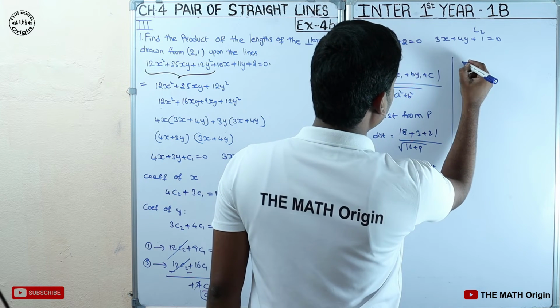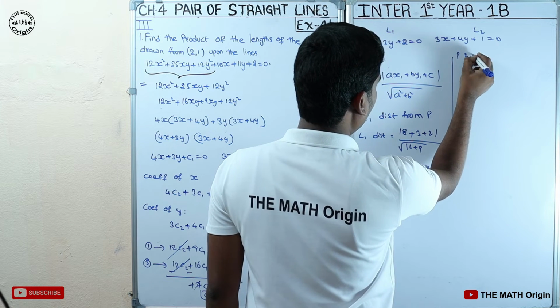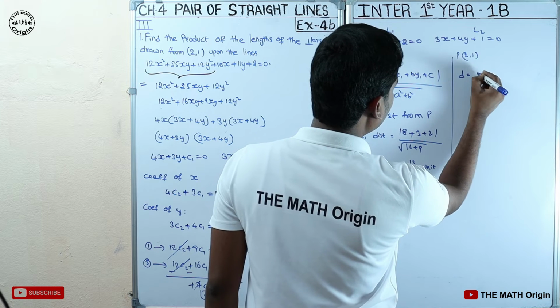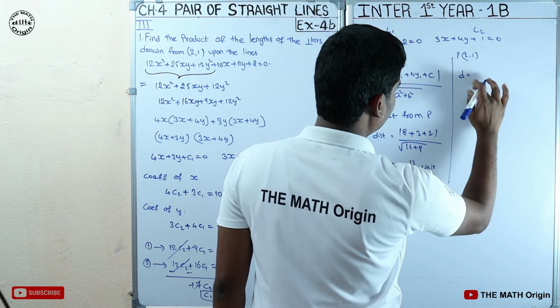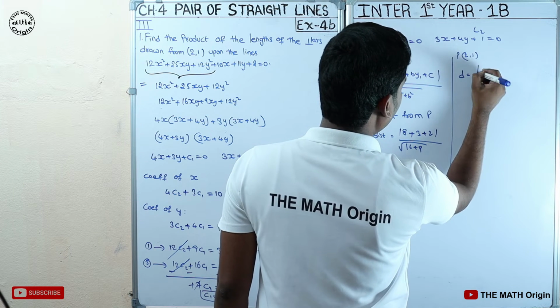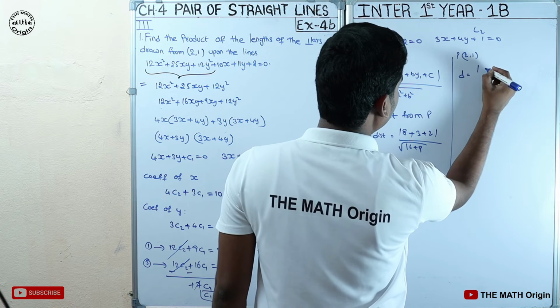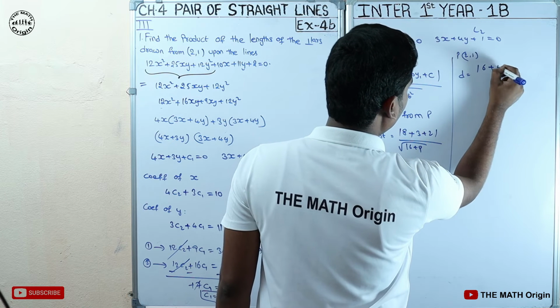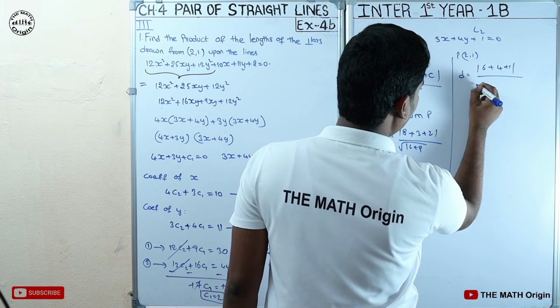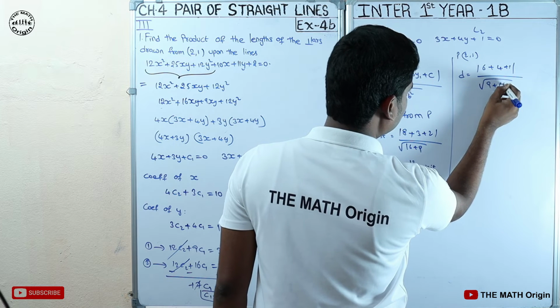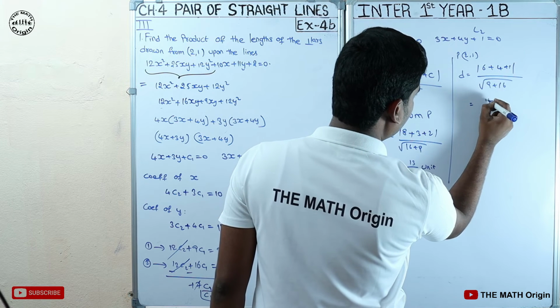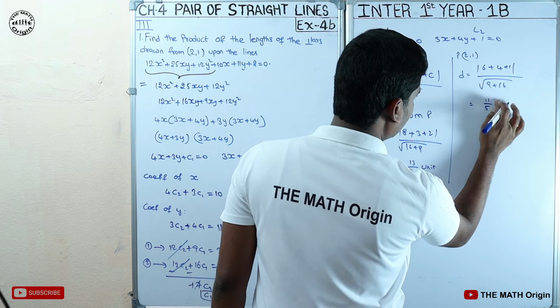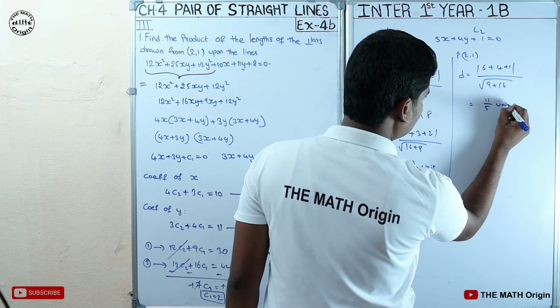And for L2 the same, the point is 2, 1, therefore the distance equals modulus of ax1. So 3 into 2 is 6 plus 4 into 1 is 4 plus 1 whole divided by root of 9 plus 16, therefore that equals 11 by 5 units.